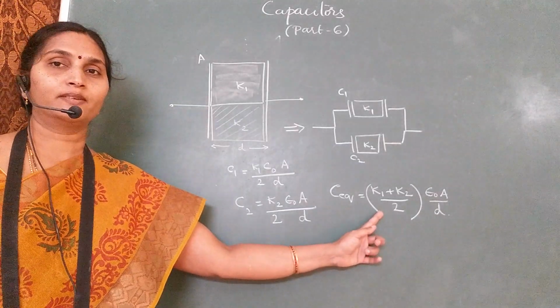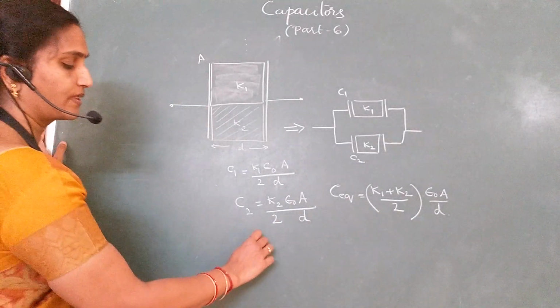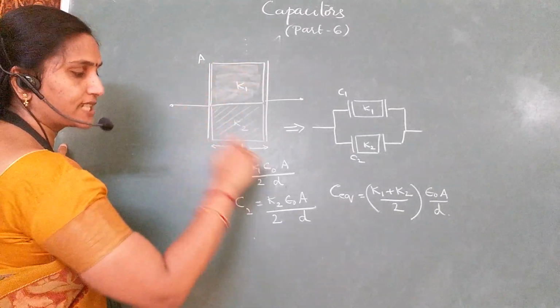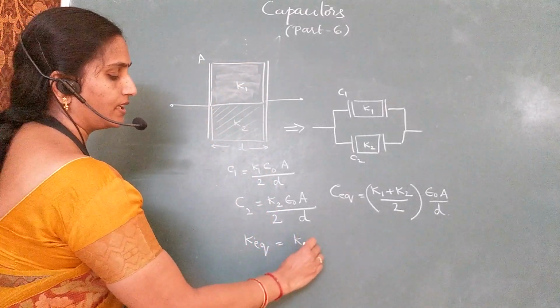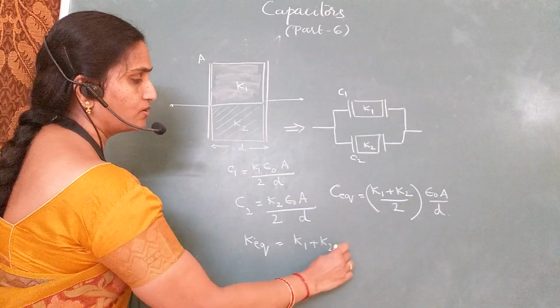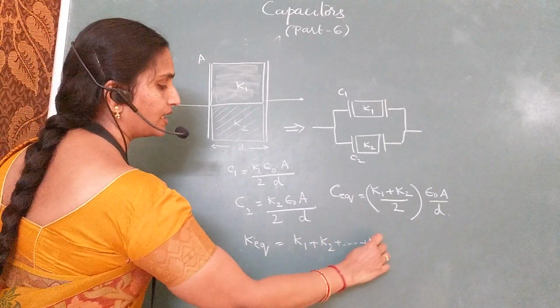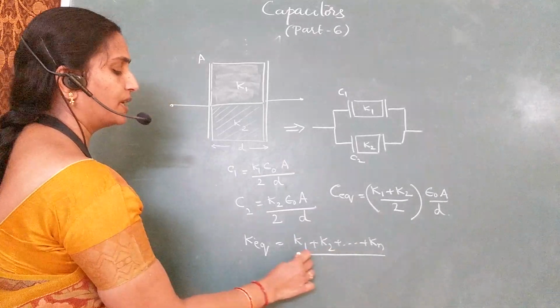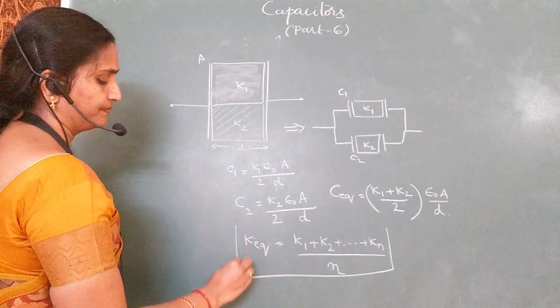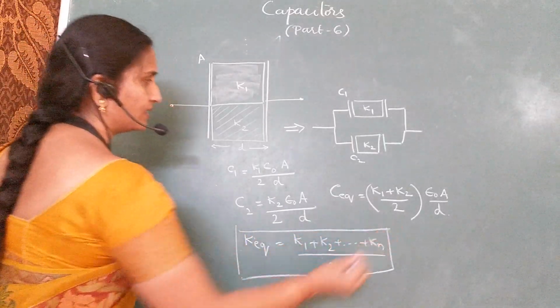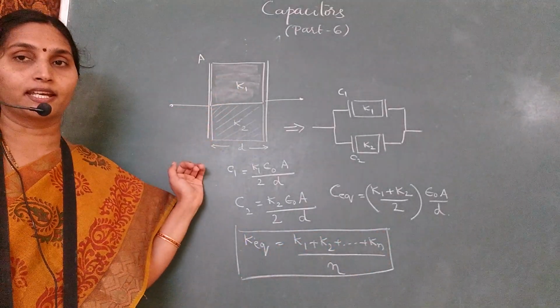If it is n different materials, what will you do? For n materials filled horizontally, K equivalent would be K1 plus K2 and so on up to Kn divided by n, as many materials as you use. This is for horizontal filling.